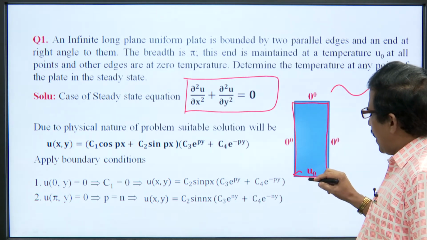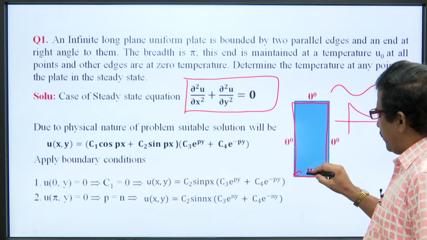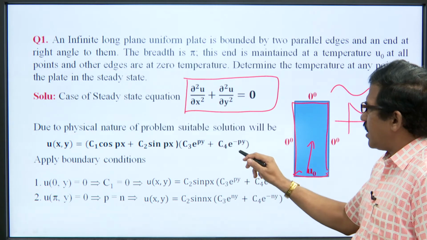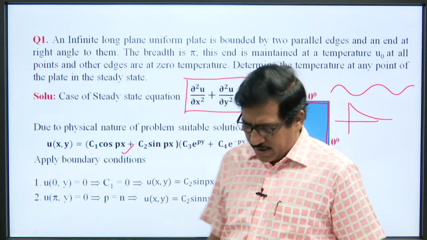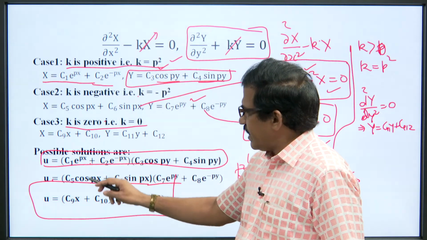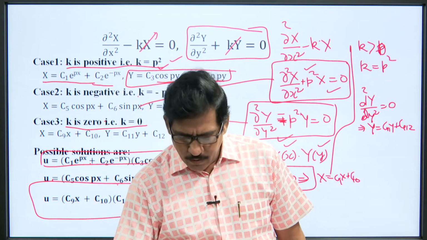Temperature decay along the y axis would be more exponential. So, the y component would be exponential here and the x component would be trigonometrical. In the previous slide we had seen three cases, and we have to choose the correct case for our problem.